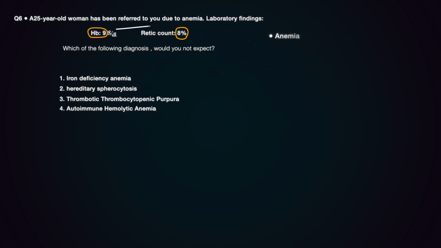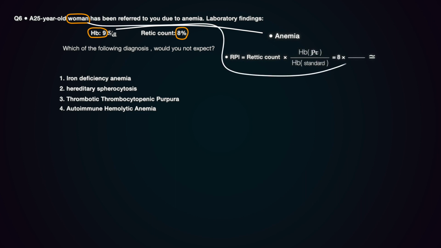The reticulocyte count is 8%, but we first calculate the reticulocyte production index by dividing the patient's hemoglobin by a standard hemoglobin, then multiplying by the reticulocyte count. That results near 4%. That means it is more than 2%, so we should expect an anemia with high reticulocyte count.